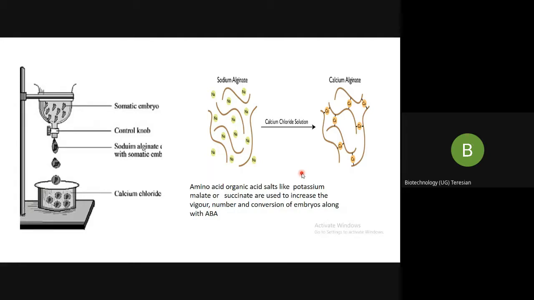So we stopped where we told how we are going to encapsulate our somatic embryos, and I told you that hydrogels are comparatively better than the desiccated seeds. Okay, and also we saw how hydrogels are produced by using sodium alginate and calcium chloride.